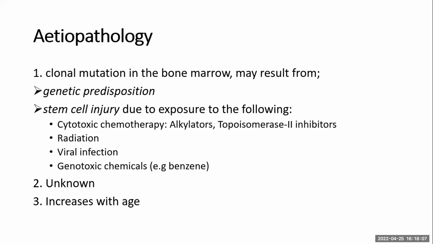A good example is HIV, very relevant in our setting. That may cause dysplasia, but may not necessarily cause MDS. And then, of course, toxic chemicals like your benzene. And then in most instances, the cause may actually be unknown. And we know that there is a solid relationship with aging.